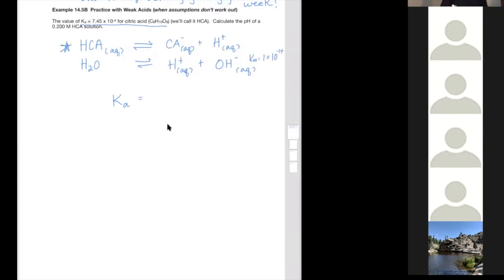So the Ka is going to be products over reactants. This is the equilibrium expression like we have done before. And then, for purposes of work, I'm going to rewrite this equation below, and then we'll do an ice chart.